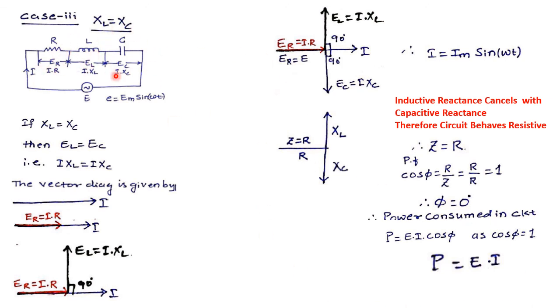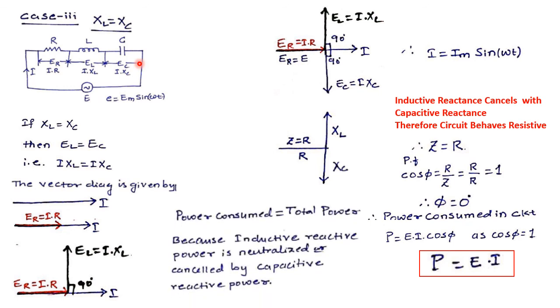The reactive powers will disappear because the reactive power of inductance will cancel out with the reactive power of capacitance. So the power consumed is equal to the total power, as the inductive reactive power is neutralized by the capacitive reactive power.